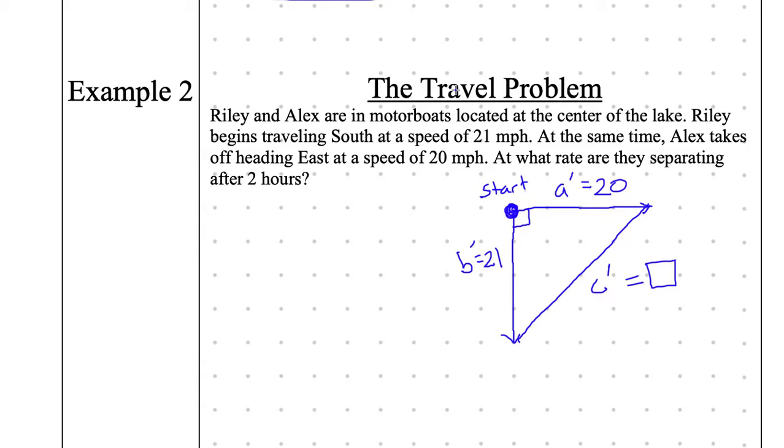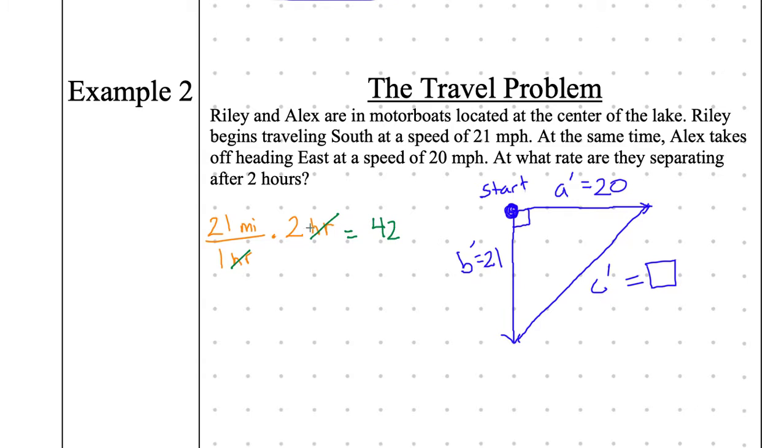Let's talk about Riley. Riley's traveling 21 miles for every 1 hour. If I multiply that by 2 hours, notice that the hours cancel out, and 21 times 2 is 42.